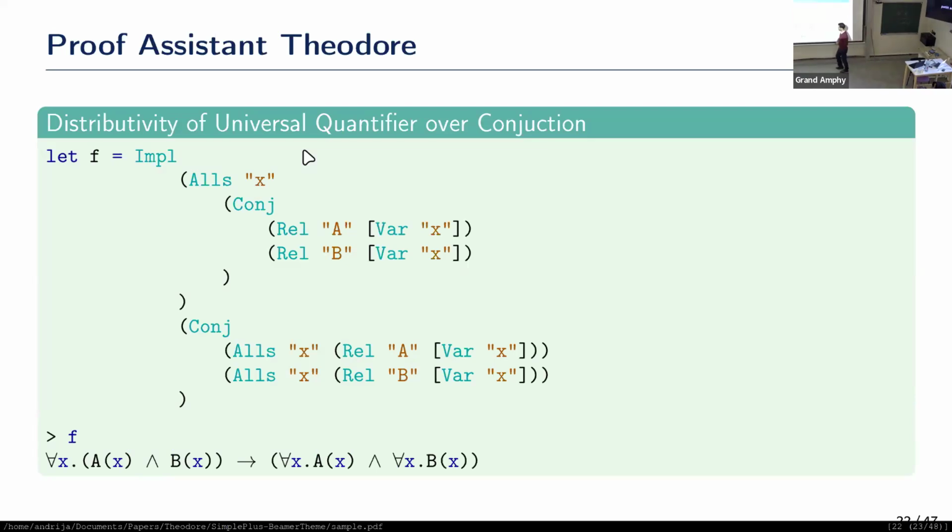To make this formula, we first use the implication constructor, then we construct the left side, and then the right side. Left will be just the universal quantifier here for the variable x, and then the conjunction of A x and B x. Similarly, we can do it for the other side.